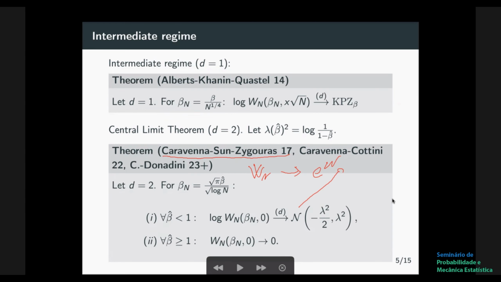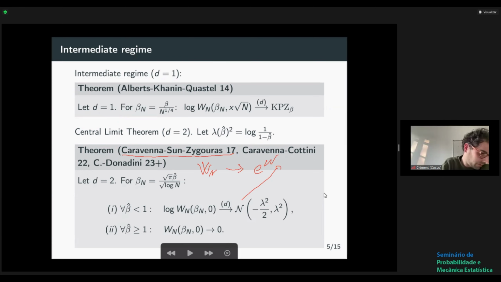What they did is decompose Wn in chaos, and in this chaos they found that it should resemble the exponential of a Gaussian. Then there was another, more recent work by Caravenna and Cotini, where they worked directly with log of Wn. They proved the central limit theorem for log of Wn, with a similar approach: finding a chaos expansion for log of Wn.